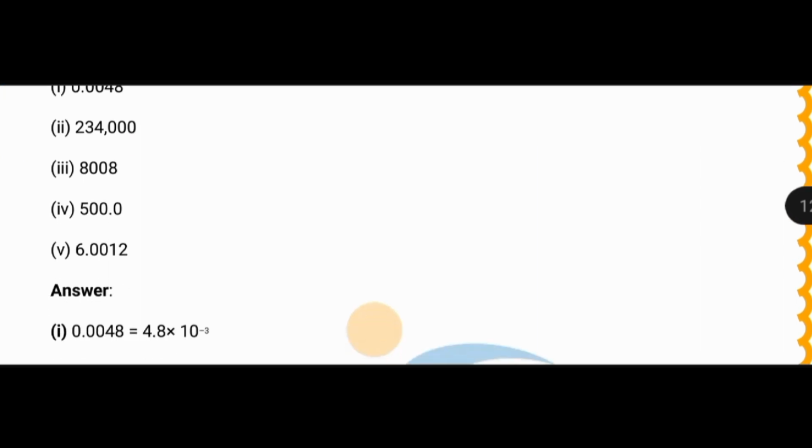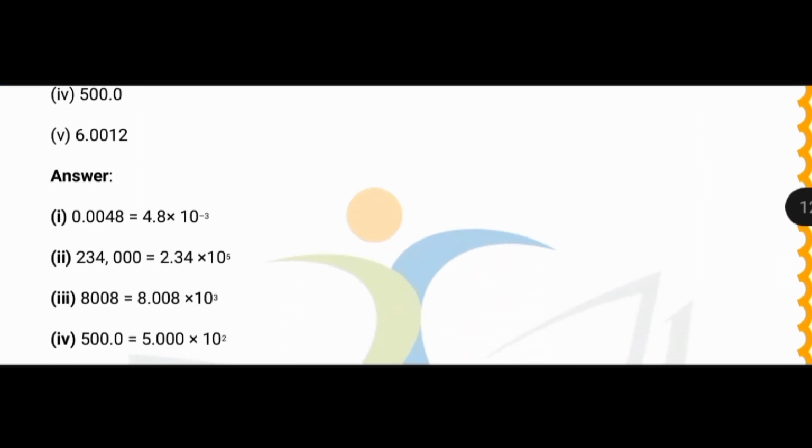How will you write scientific notation? 0.0048 will be 4.8 into 10 to the power minus 3, because you are moving the decimal to the right, so the power is negative.